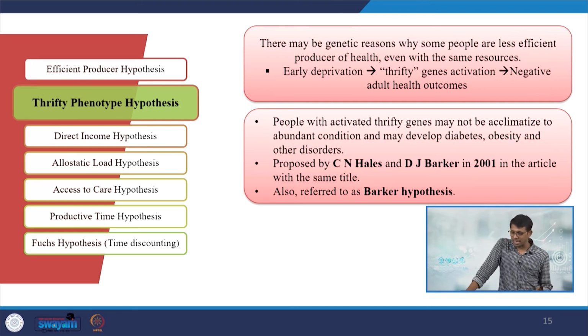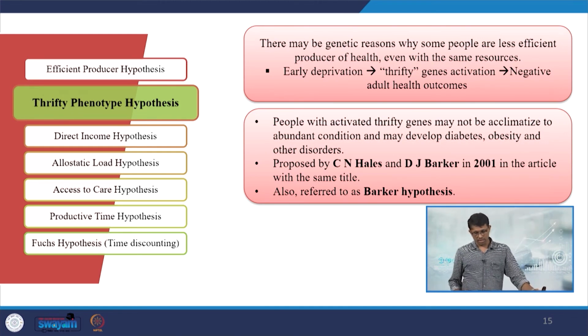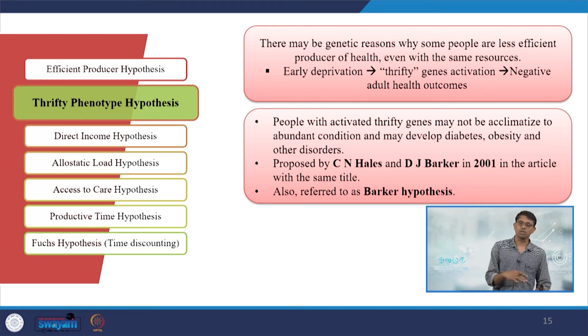Even if we are quite rational in terms of our economical spending, because of early deprivation, this has thrifty genes activation, and because of the thrifty approach, what really happens is negative adult health outcomes, and it has long consequences with its early deprivation.